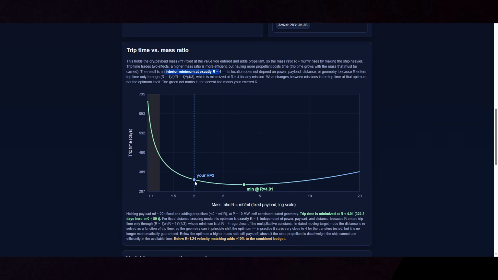It's just rounding. And the first time I went through this, it actually found the minimum at 2.87, so over here. You can see that it'd be pretty close in terms of the trip time. It's only like a few extra days at this point. And that was an artifact of how it was calculating the trajectory. I brought the calculator back to ChatGPT and said, is the minimum really at 2.87?